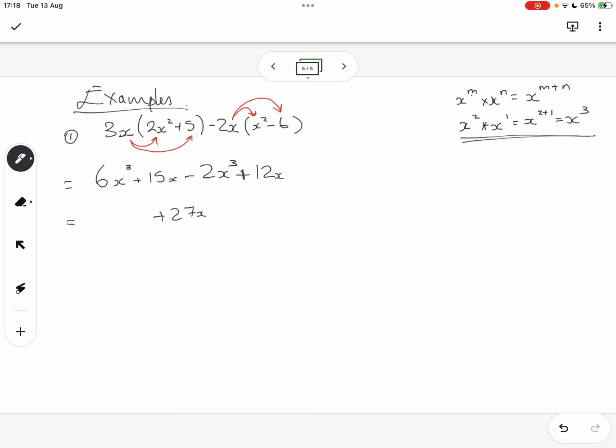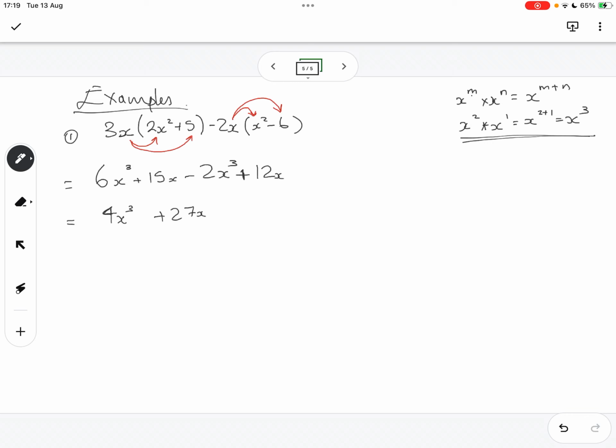How much is that? 27x. And then we're going to have 6x cubed minus 2x cubed. How much is that? It's 4x cubed. So does it look like the one in the book?